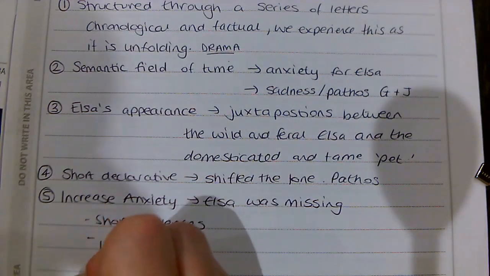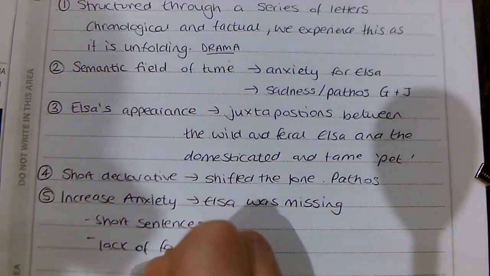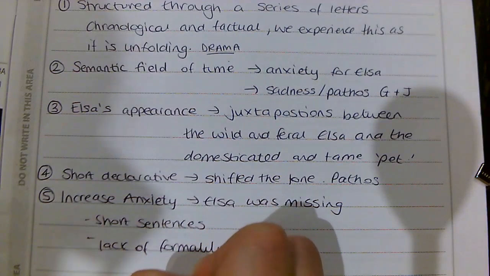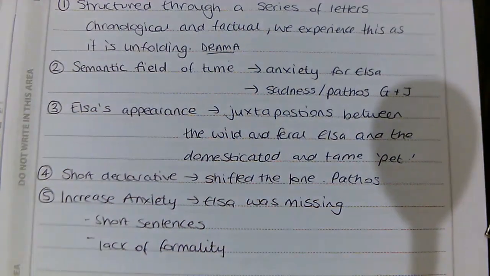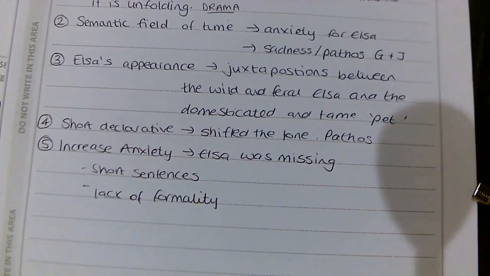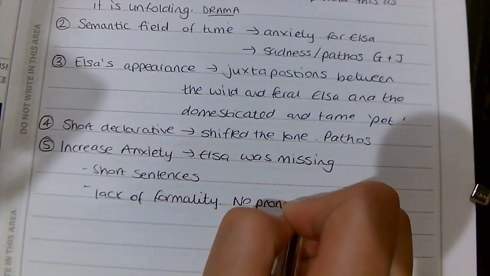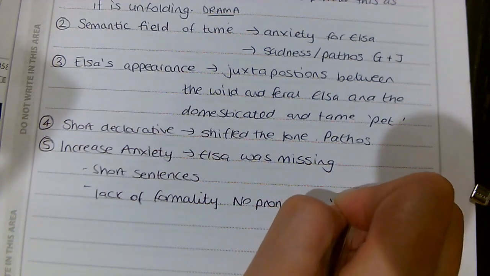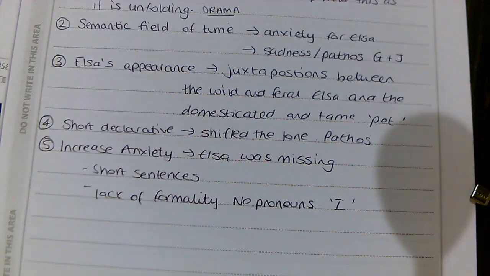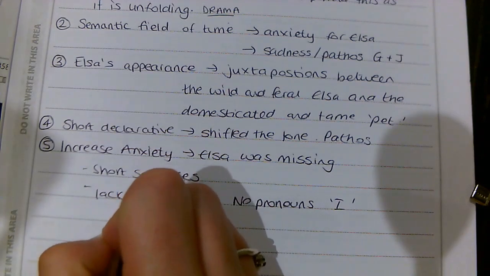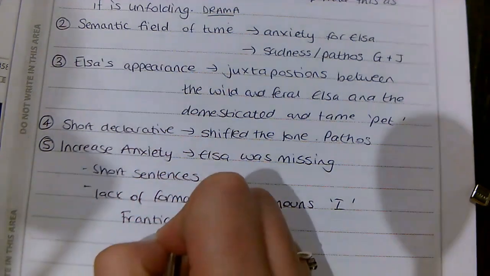We had the lack of formality, primarily shown through the no pronouns. Okay, so he didn't say I did this, I went there. Okay, they were short, almost quite frantic sentence structures.